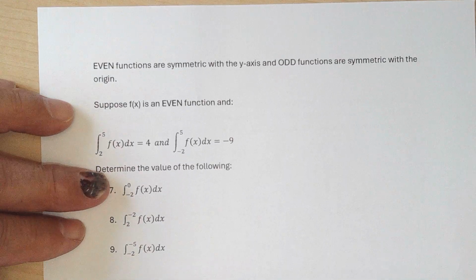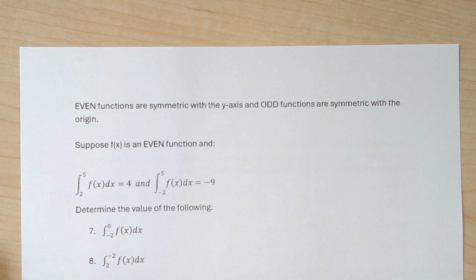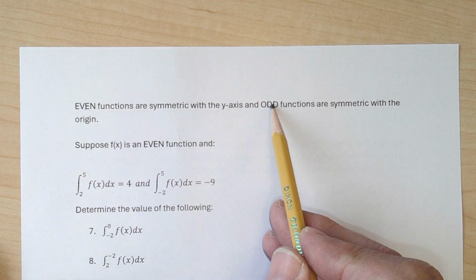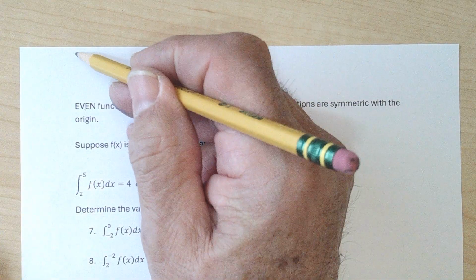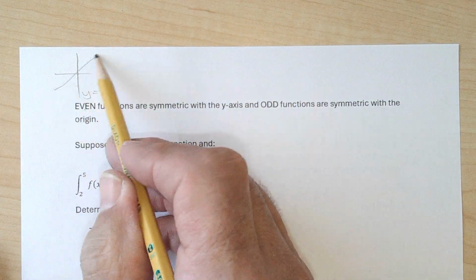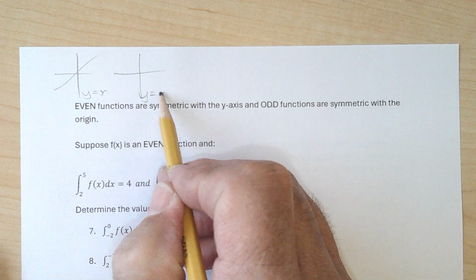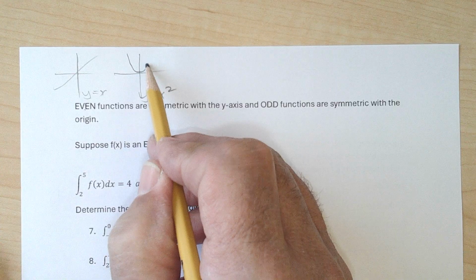All right. Some of you may not know the difference between an even and an odd function. You know that y equals x looks like that. You know that y equals x squared looks like that.